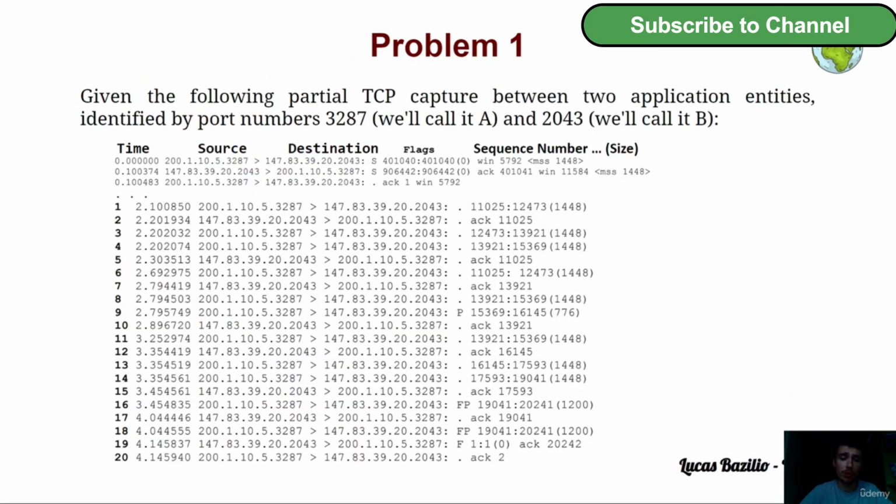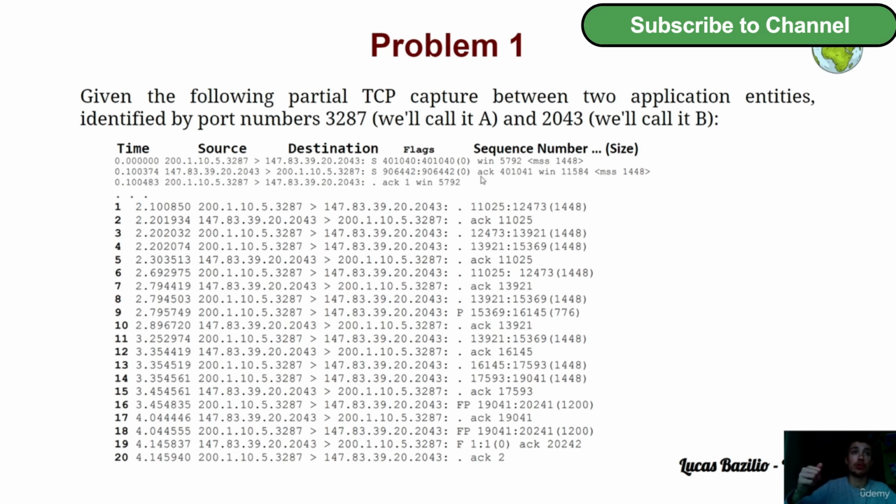Then what do we have in response from application B? In the second line, this is a TCP segment sent from application B. We know that because the source is now port 2043, which is the port of application B, and the destination is A, this port. And what are the flags? The flags are synchronization and acknowledge.